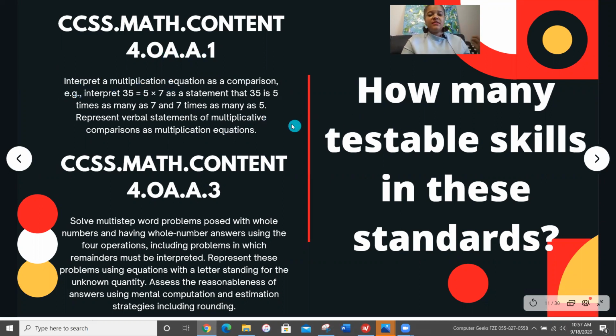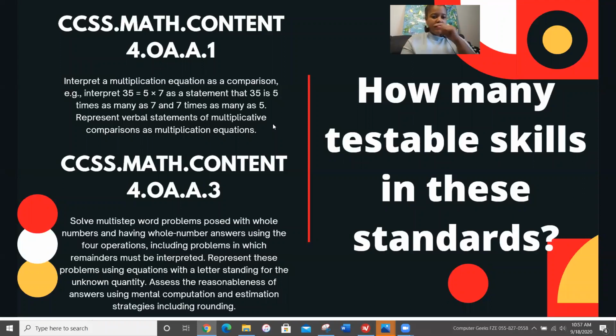How many skills is in this standard? Let's read. Interpret a multiplication equation as a comparison. Interpret 35 equals 5 times 7 as a statement that 35 is 5 times as many as 7 and 7 times as many as 5. Still 1 skill. Represent verbal statements of multiplicative comparisons as multiplication equations.